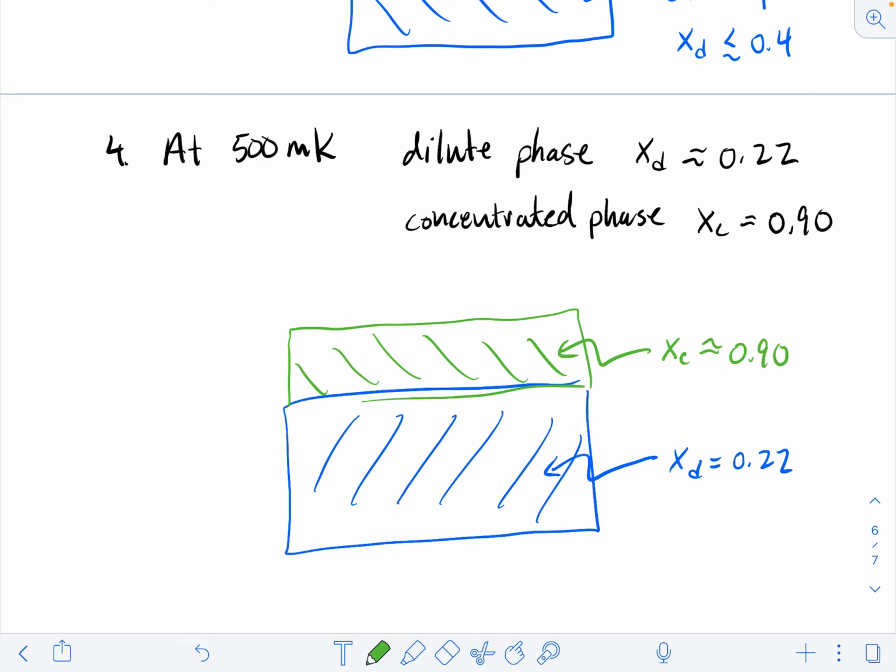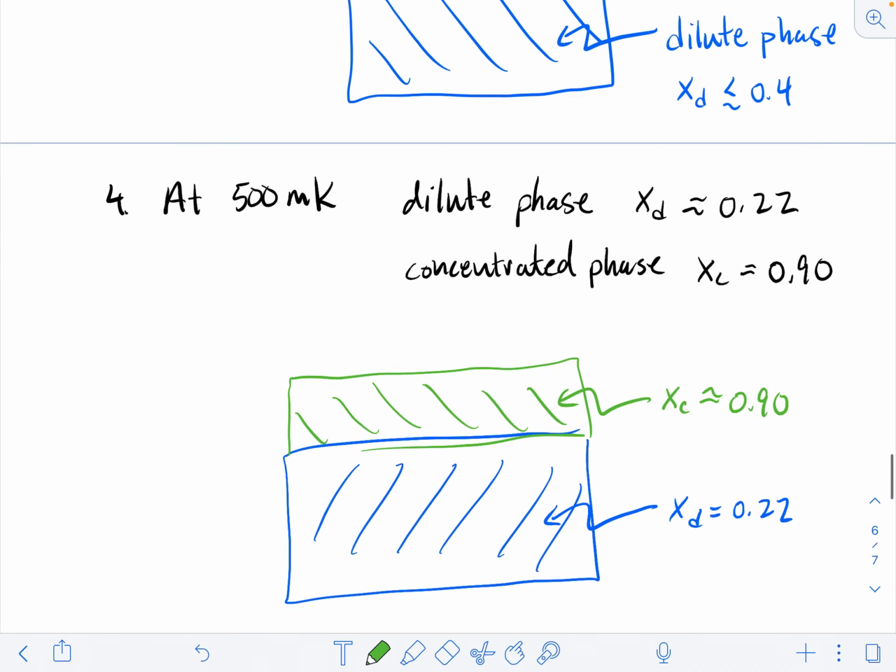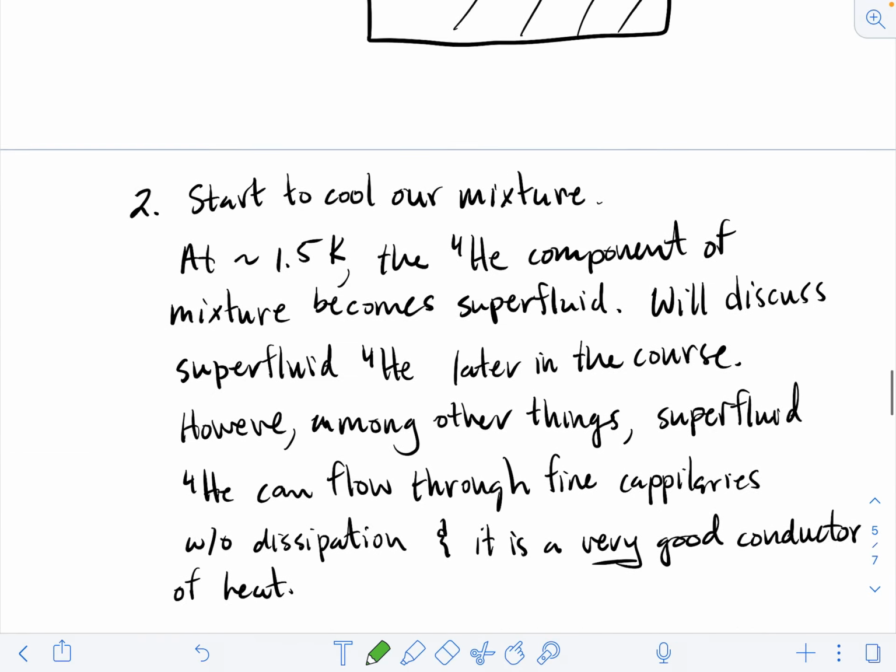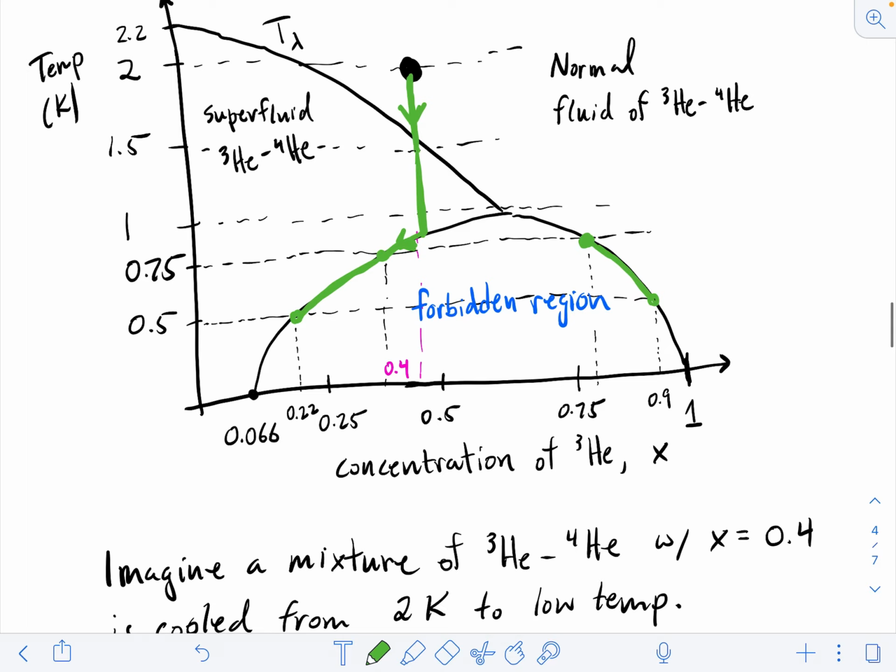Okay, and so we're almost done. The last thing I want to think about is going to really low temperatures. And so let's suppose we could cool this to close to T equals 0. When we get to T equals 0, we have our dilute phase, which is 6.6% helium-3 in helium-4.